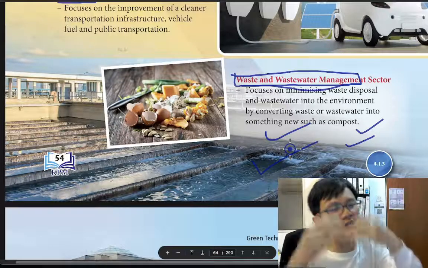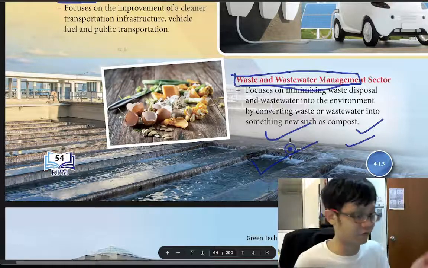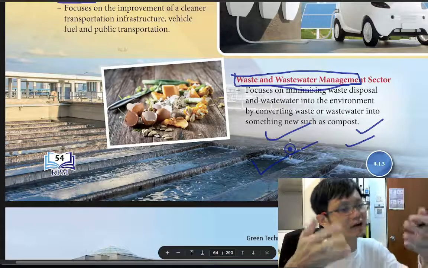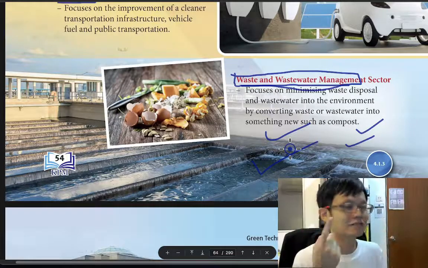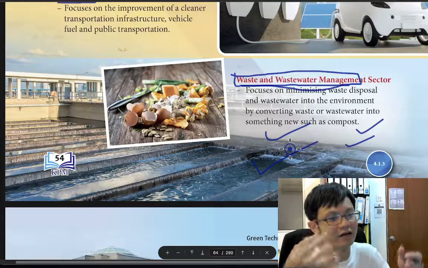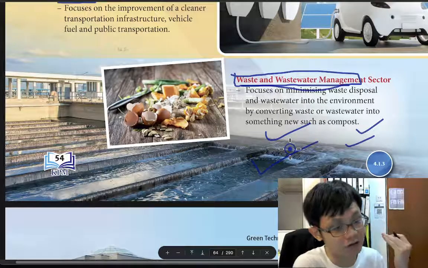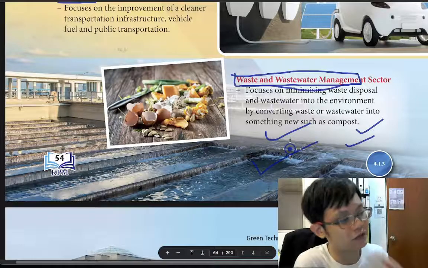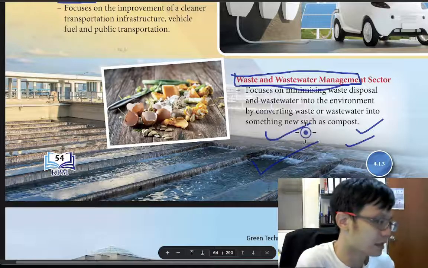Cannot swim, cannot fish, because the fish also die. One house never mind lah, but you know Malaysia, how many houses put all the laundry water and all the soap into the longkang, this is not good.